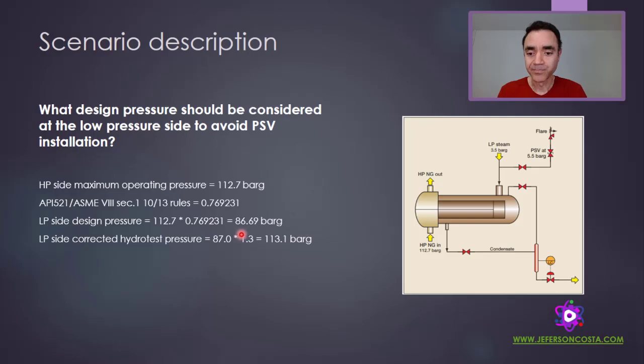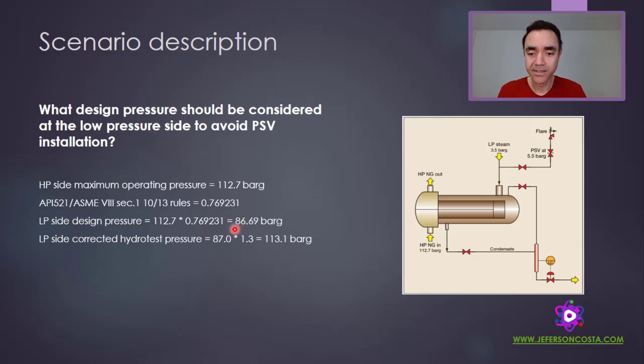I find a number here, 86.7 more or less, but you will learn when working as a chemical process engineer in plant design that we always apply some kind of rounding up to have better numbers to deal with.